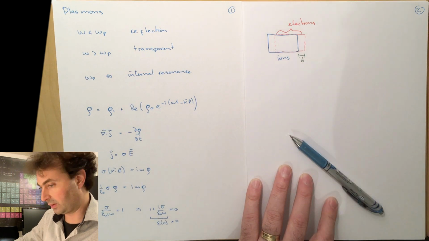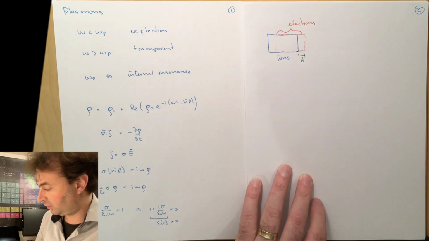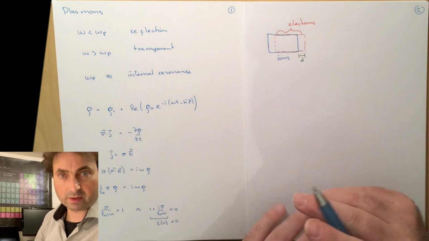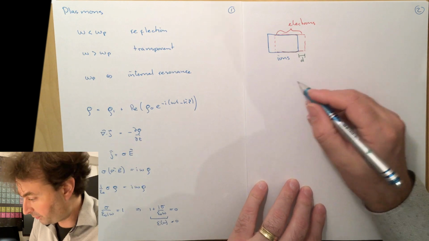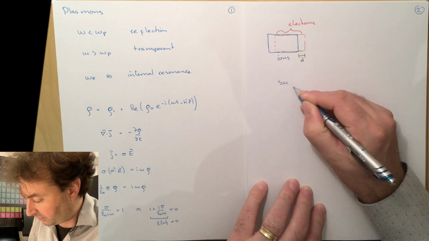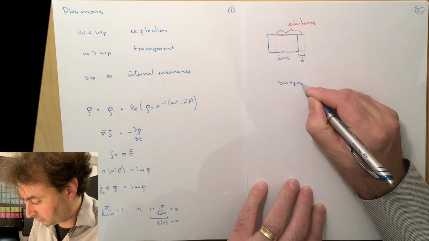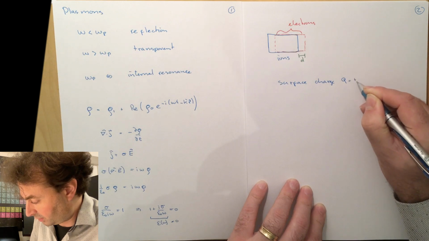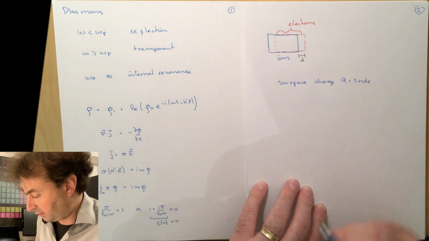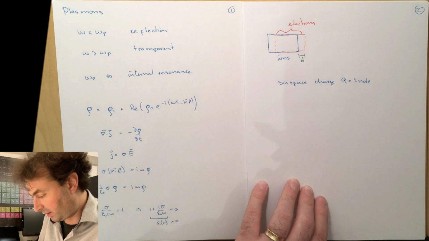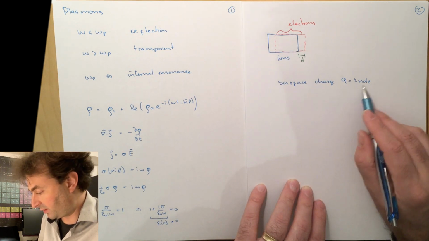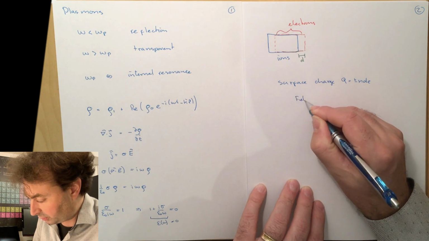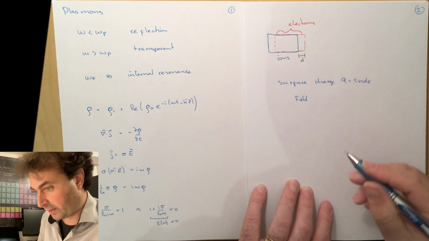We can now write down an equation of motion for the distance d and see what the resonance frequency of this oscillation would be. When we have this situation, we have a surface charge, which is plus minus n d times e. So charge density times the distance times the electric charge. That's the surface charge per area.